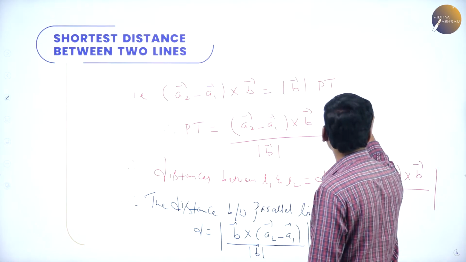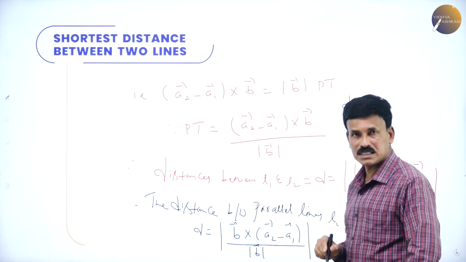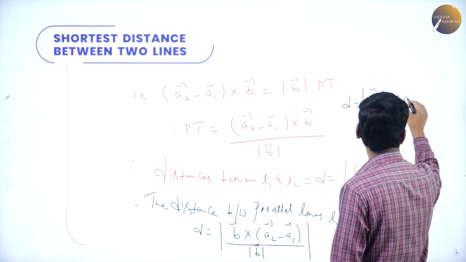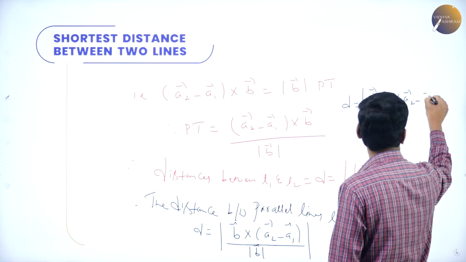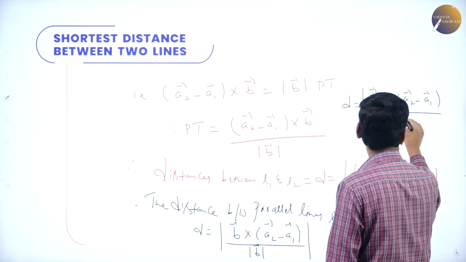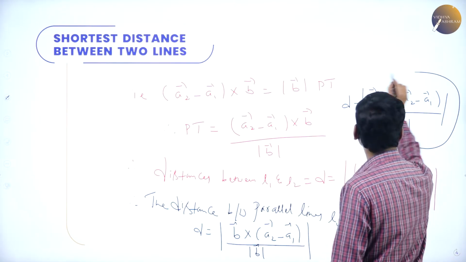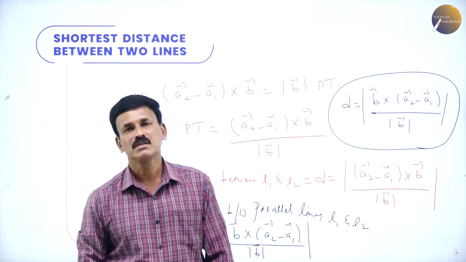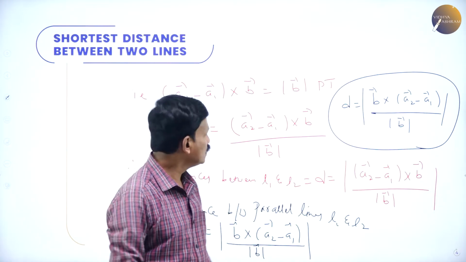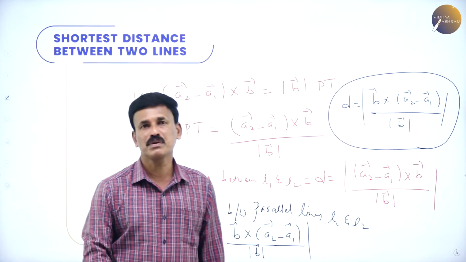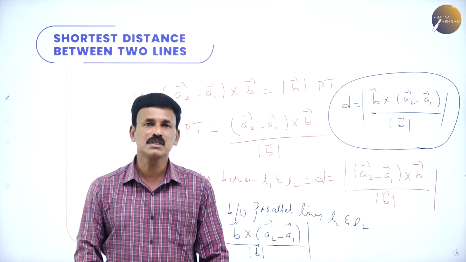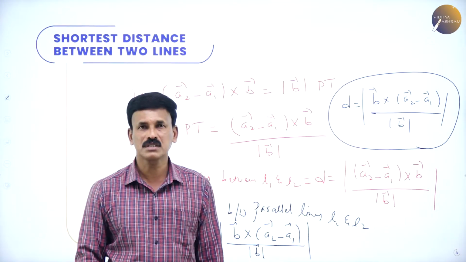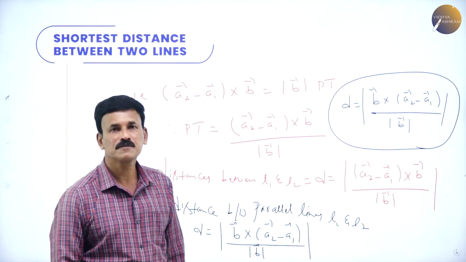Hence the perpendicular distance between the parallel lines is given by d is equal to the magnitude of b cross (a2 minus a1) divided by the length of vector b. This is the final formula. This is a very important concept, and the problems based on this are very important. Okay, that's it. Now let us take problems based on this.